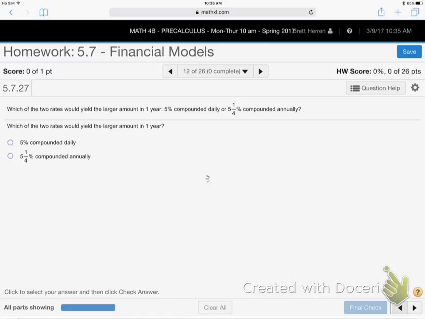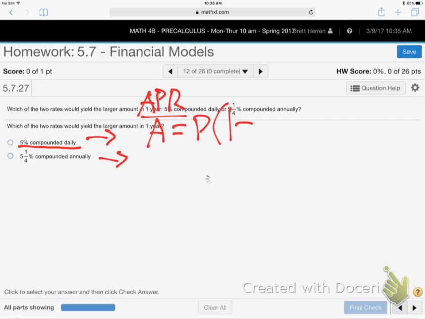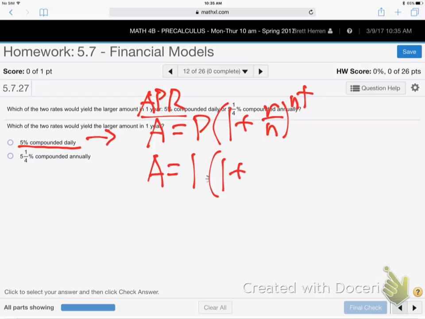Okay, so they're asking which one of these is better. Basically you figure out the APR, or the effective rate, either name. So 5% compounded daily: we're going to use A equals P times (1 plus r over n) to the nt. P is $1. What is r? It's 5%.